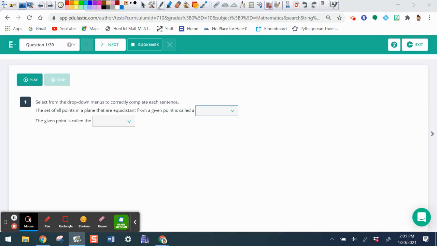One of the unique shapes we have, and I know students often want to say square here, but that's because all sides of a square are the same length. There's a really unique shape in geometry whose properties are based on the idea that all the points on that shape are the same distance from a given point.